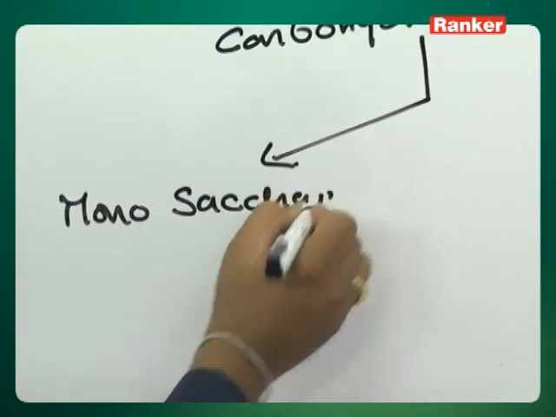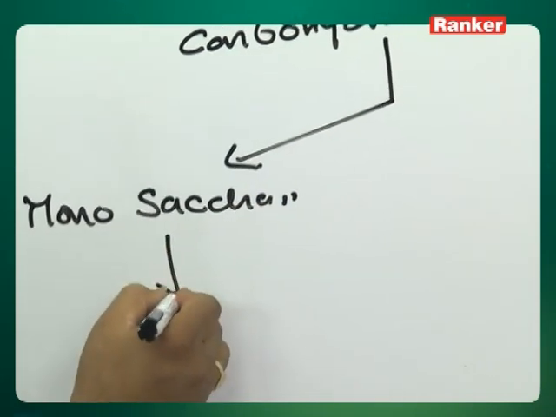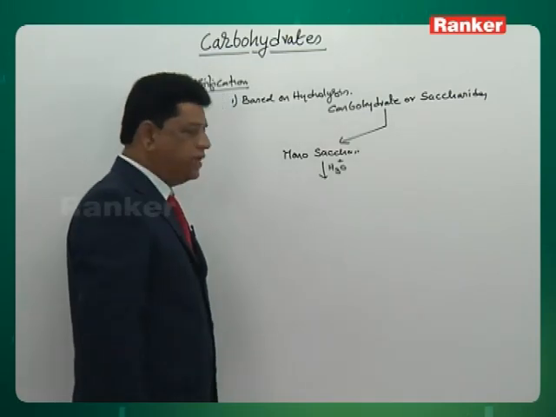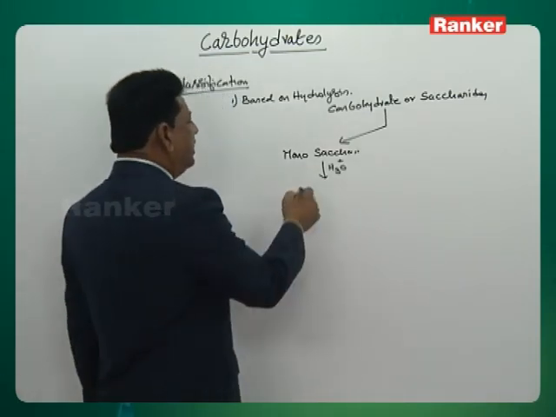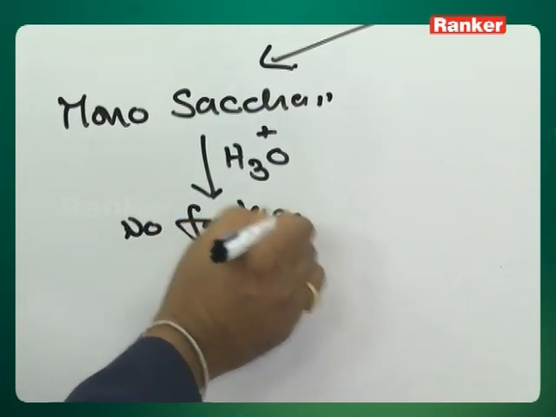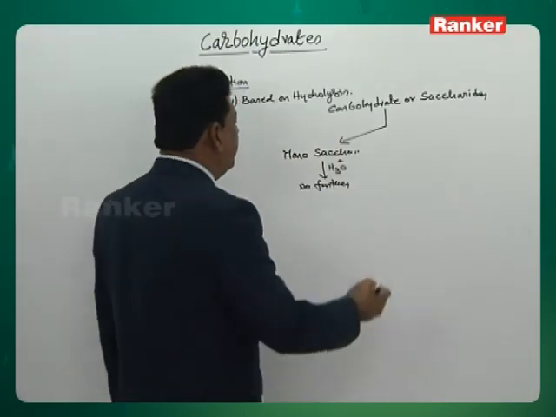Monosaccharide means that on acid catalyzed hydrolysis there is no further hydrolysis. This is the smallest saccharide.